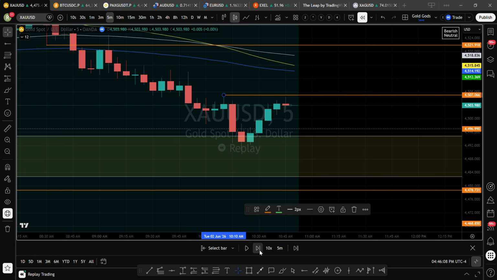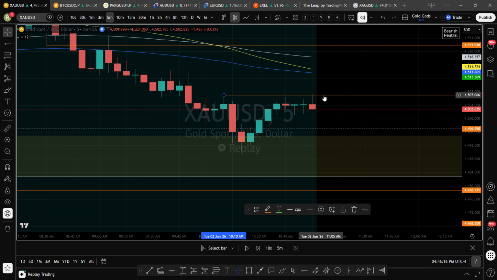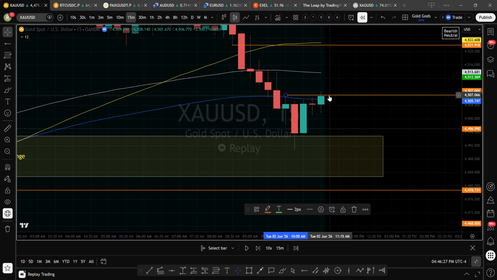Wick came up, hit it. Another train station is forming, but it doesn't form. Again, let's say you wanted to continue. That's another wick point, and then boom, we're out of the trade. Let's see what it looks like on the 15. Yep, on the 15, we're out of the trade.